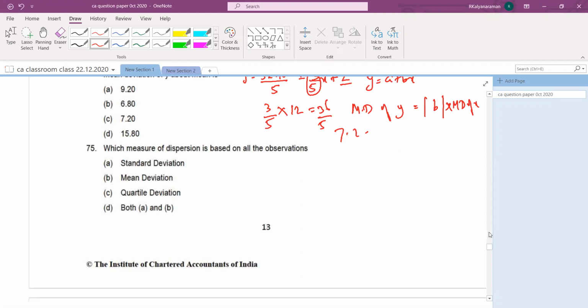Which measure of dispersion is based on all the observations? Standard deviation, mean deviation, quartile deviation. Quartile deviation is based on only the quarters.